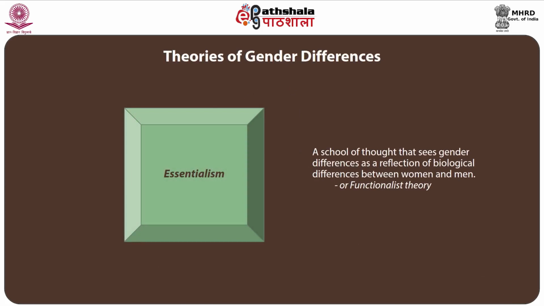The first theory is essentialism, a school of thought that sees gender differences as a reflection of biological difference between women and men, which is also called functionalist theory, which says that the male sex and female sex perform different functions based on which they have a difference in the social world.